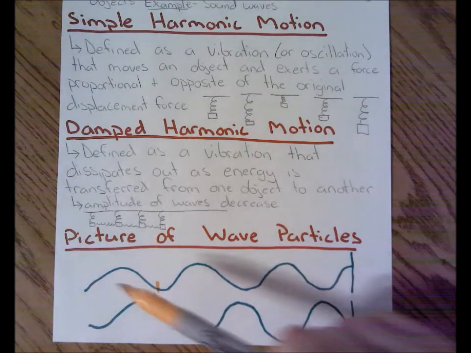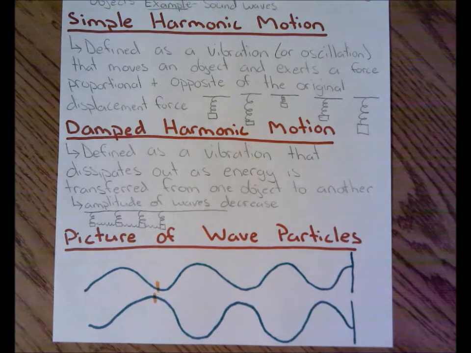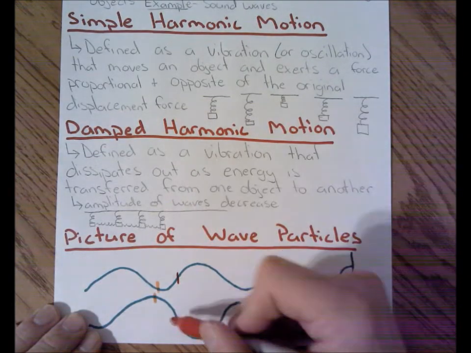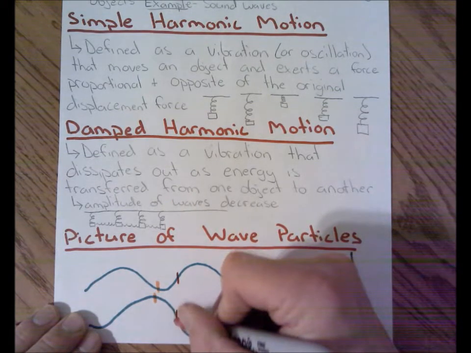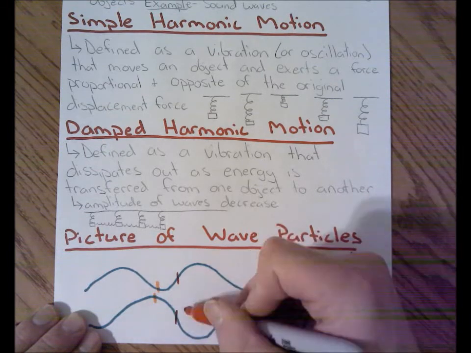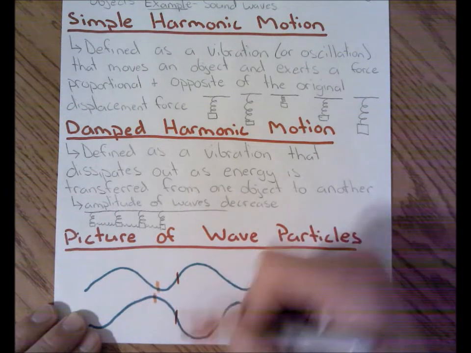Now, to emphasize this once again, if we had another string attached to this particular rope, that location does not change left to right, but as the wave passes, it is going to move up and down. And so that's what these particular different colors are representing.